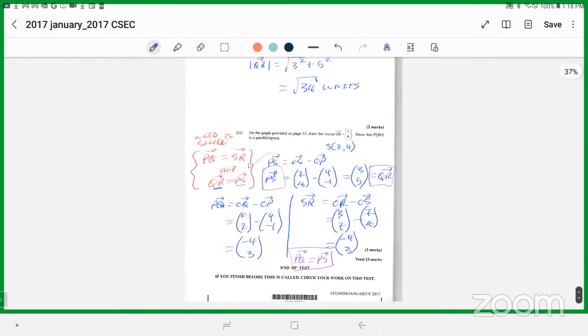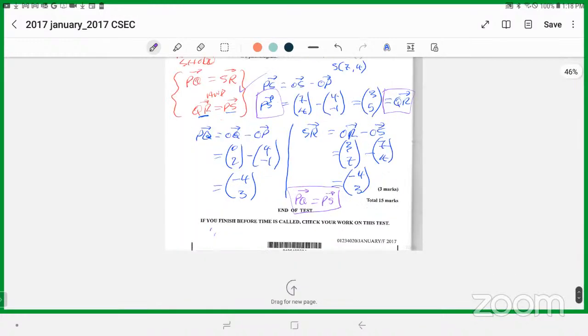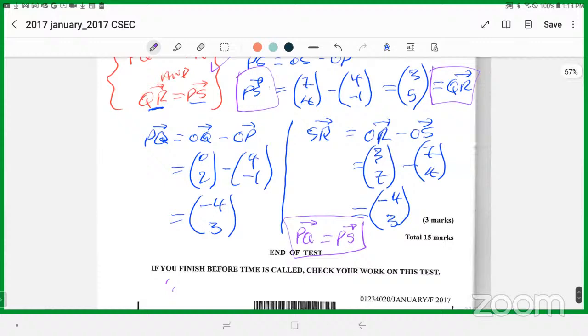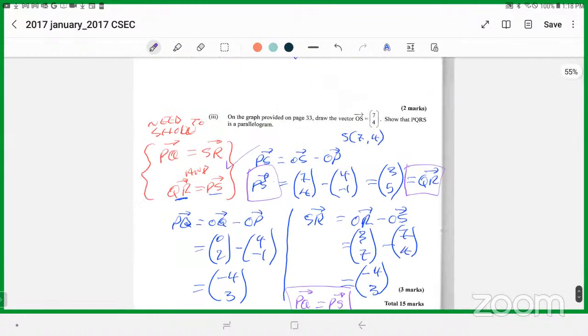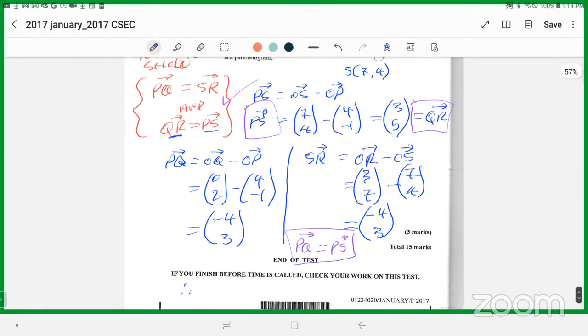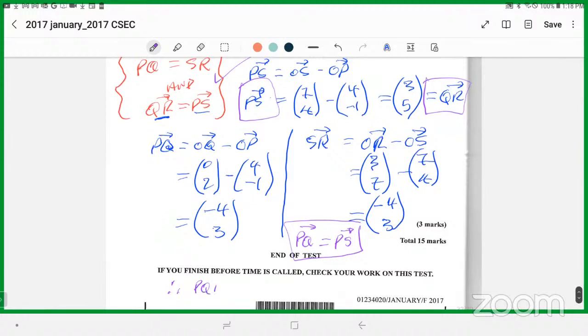And then you could write a conclusion: therefore, which parallelogram is it again? PQRS. Therefore, PQRS is a parallelogram. That's a symbolic way to write the word parallelogram.